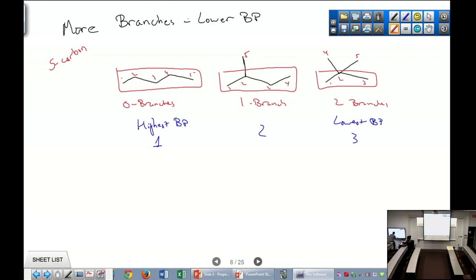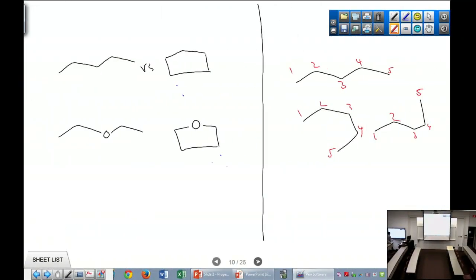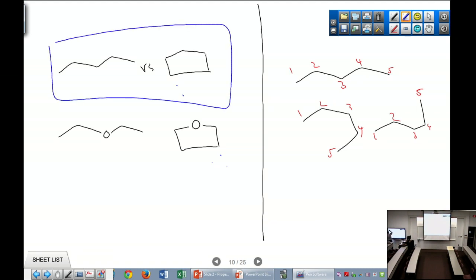All right, so if you have pentane versus cyclopentane, a little first example here. Cyclopentane has a higher boiling point than pentane because cyclopentane is a ring.